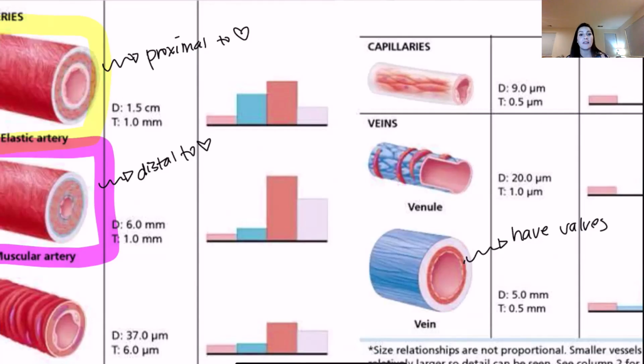And we learned in the heart unit that valves prevent backflow. So as that blood is going back to the heart, if that blood were to lose pressure and start to come back down, that valve would prevent it until the next heartbeat will then propel that blood upwards. So that prevents backflow.